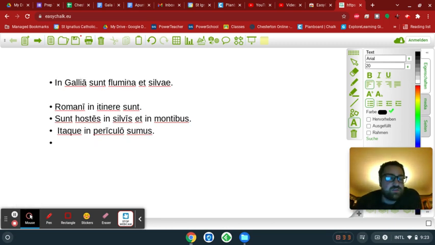All right, the next sentence. In Gallia sunt flumina et silvae. So in Gallia means in Gaul, and notice that it's in the ablative because it has the macron on the A. So we still don't know what our subject is, but sunt is there are.